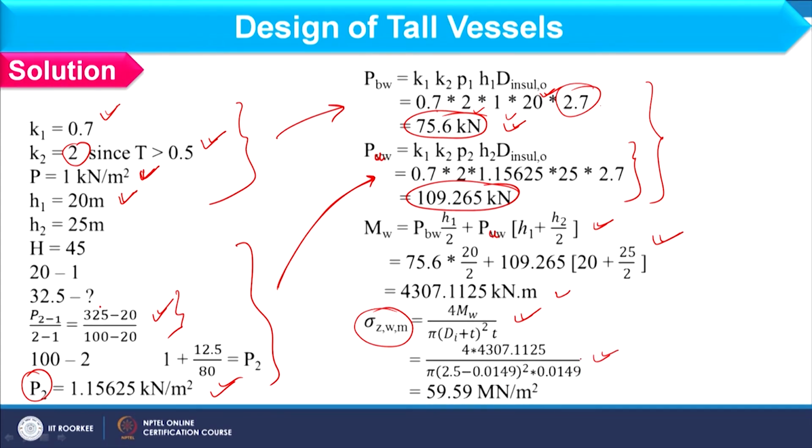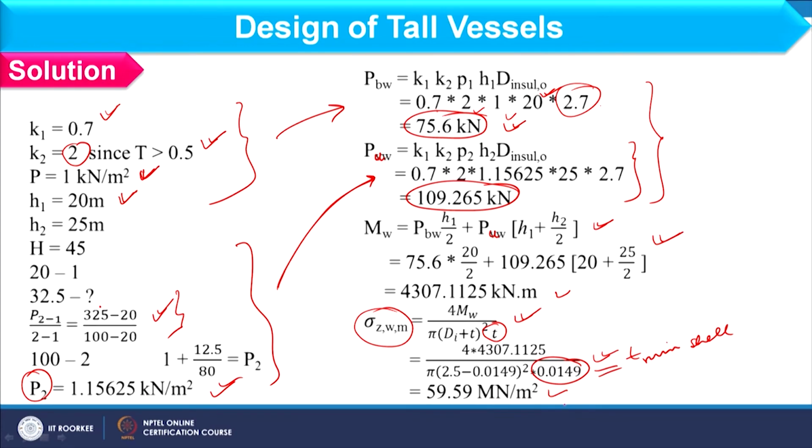Now, if you focus here, t is basically the thickness of the shell, but here I am considering the minimum thickness of the shell, right. Now, why is it so? Because whatever stresses are generated, we will check with the minimum thickness.